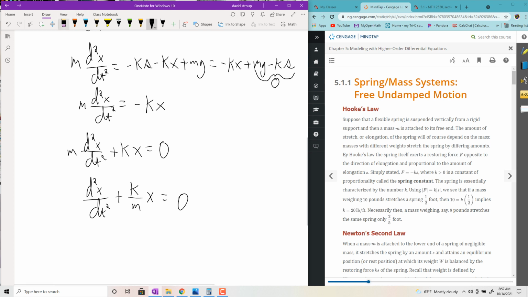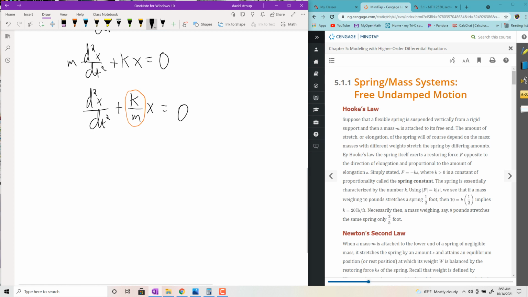And then we're going to replace this k over m with a variable. In particular, we're going to call it omega squared, just so your answer doesn't include square roots and all that stuff. So omega is kind of like a curly w, squared, right?